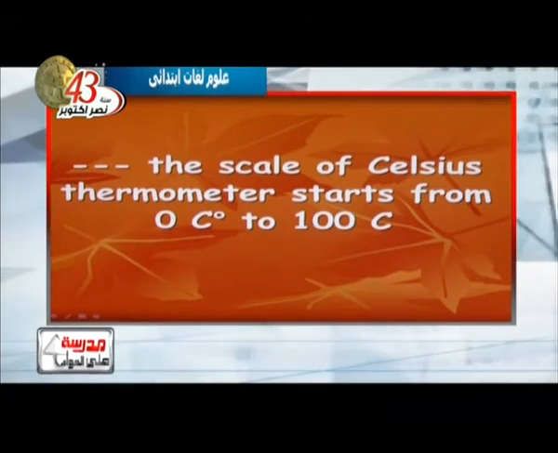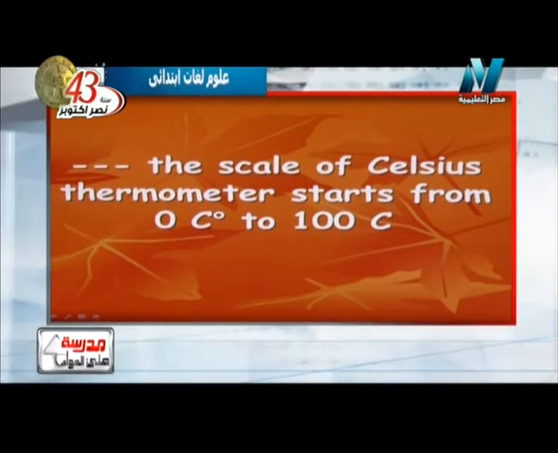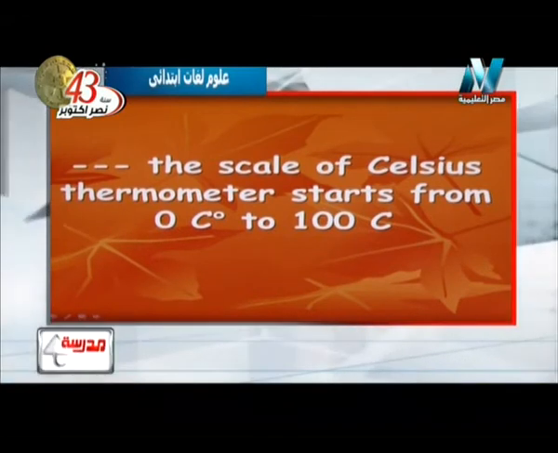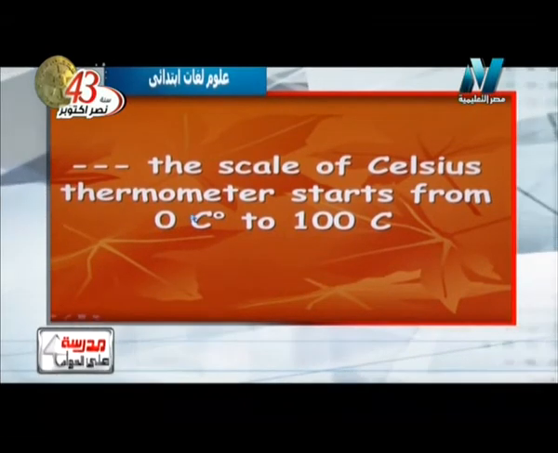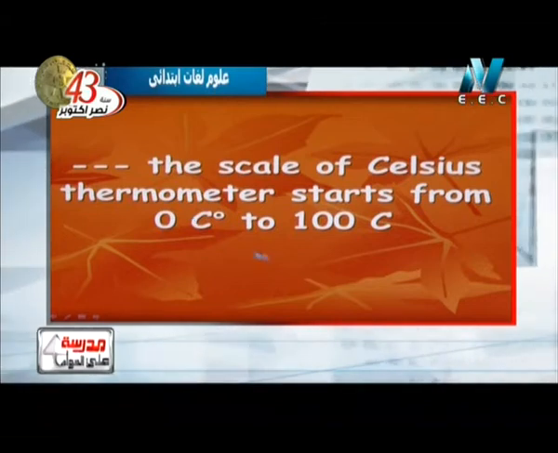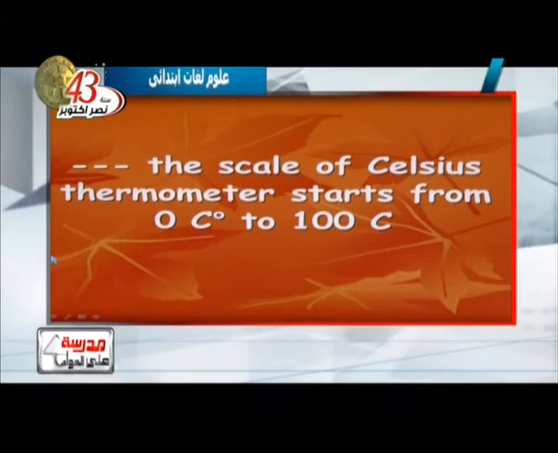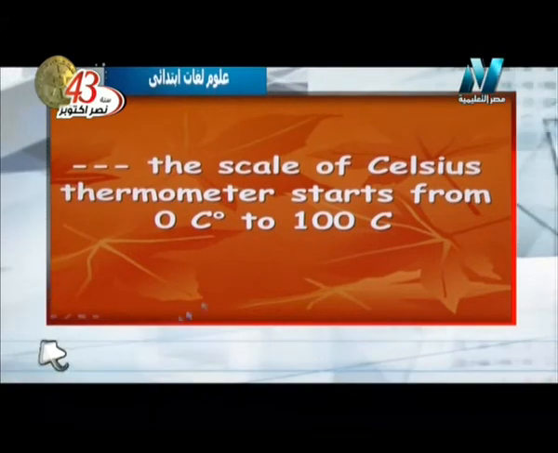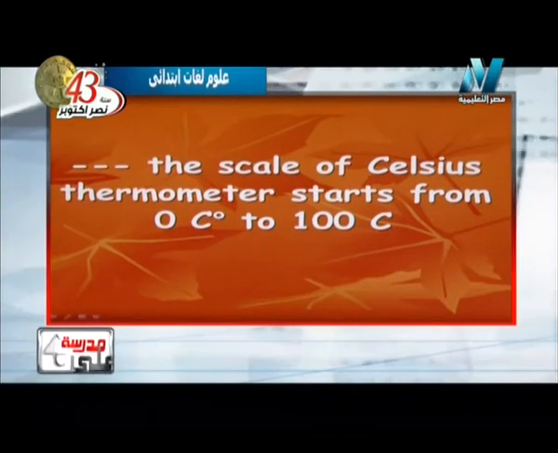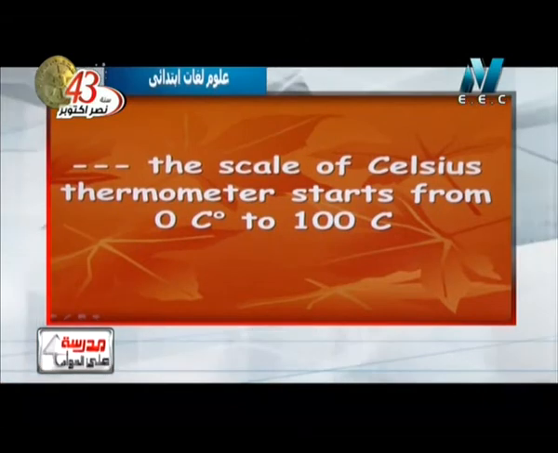So which thermometer is longer? Surely the Celsius one is bigger than the medical thermometer, because the medical thermometer started from 35 to 42. But the Celsius one started from 0 Celsius to 100 Celsius.